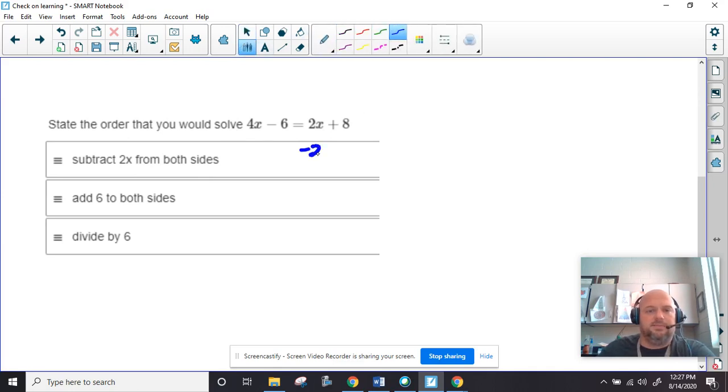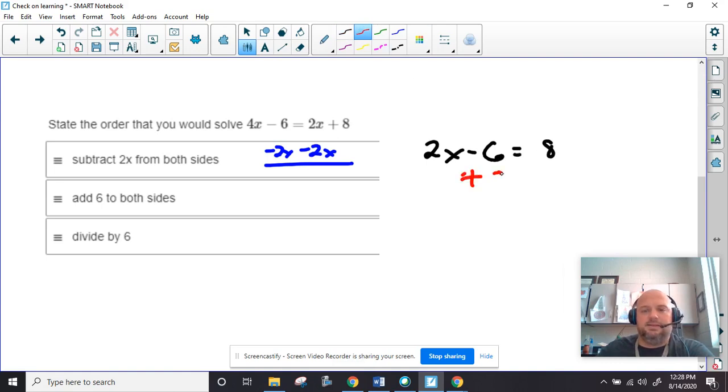We can do that. You end up getting 2x minus 6 equals 8. Then I'd have to add 6 to both sides. This looks rough. Sorry about that. Add 6 to both sides.